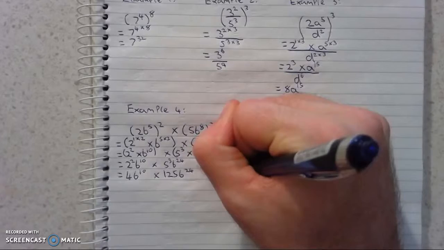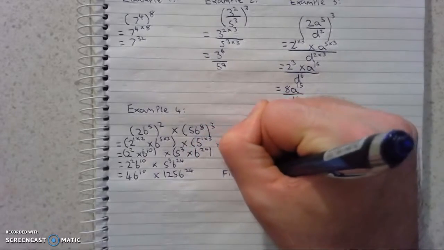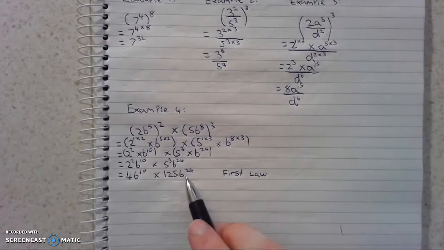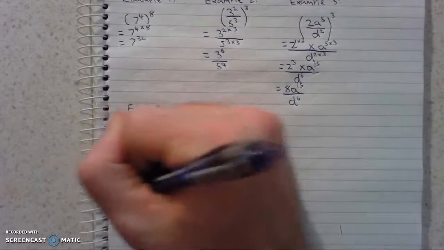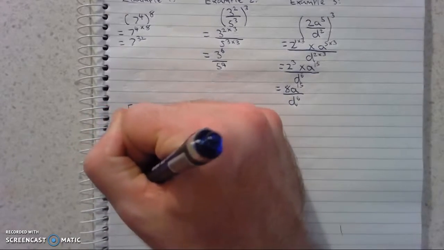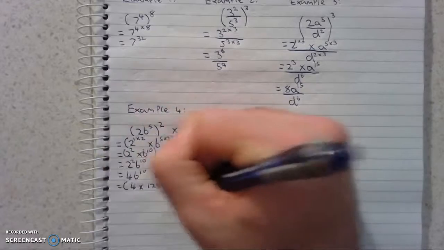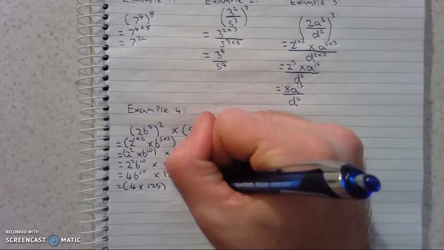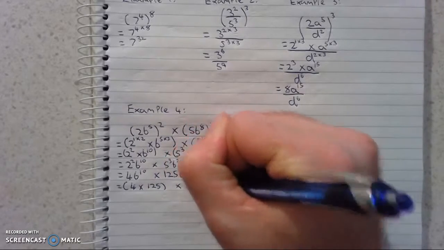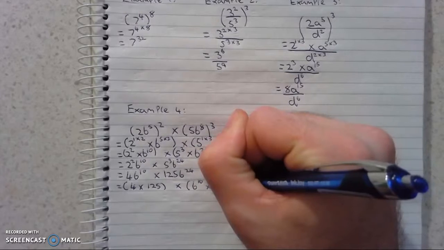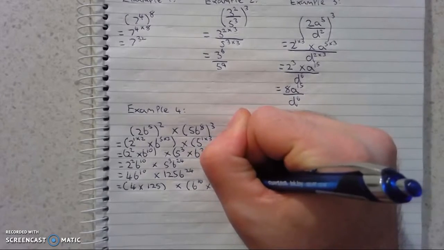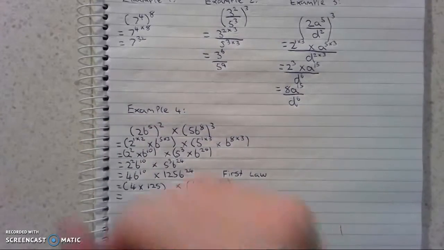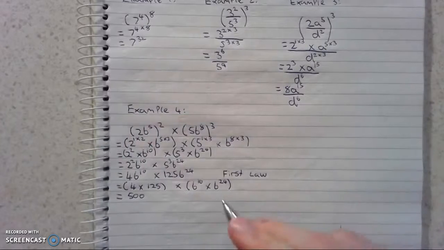Now we can apply the first law. We have our coefficients that we need to multiply together first, because remember our first law, we multiply our coefficients. So it'll be 4 times 125, and then we can multiply our same base variables together here, which will be b to the power of 10 times b to the power of 20. 4 lots of 125 is 500.